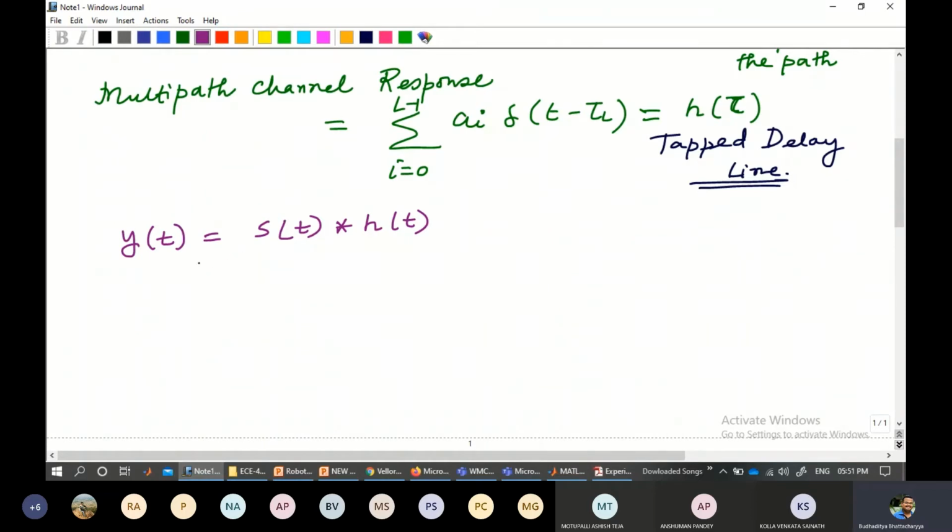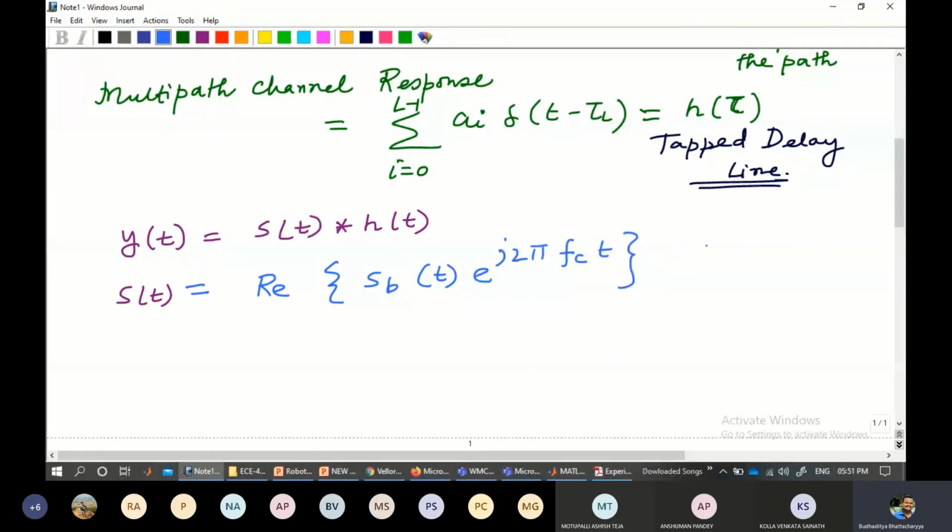Now let us figure out how it is given. This s of t can be represented in terms of the real component only, as s_b(t) e to the power j 2 pi f_c t.